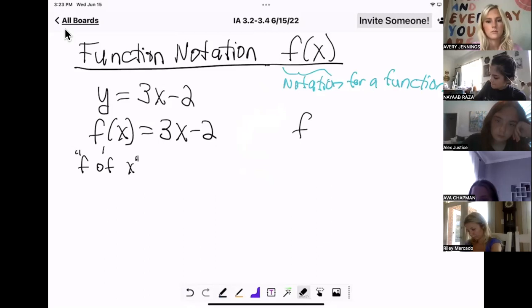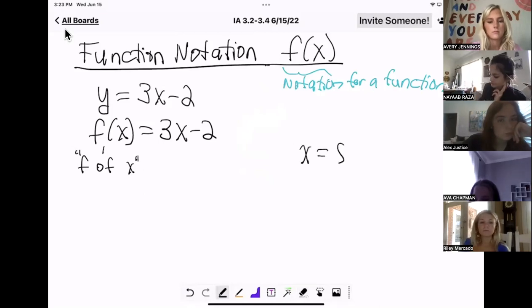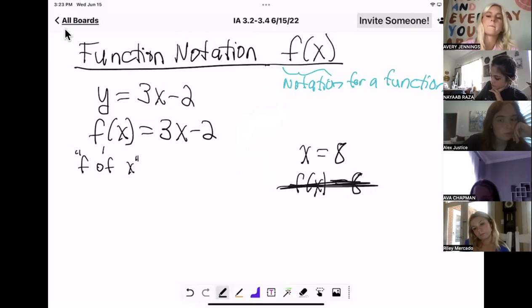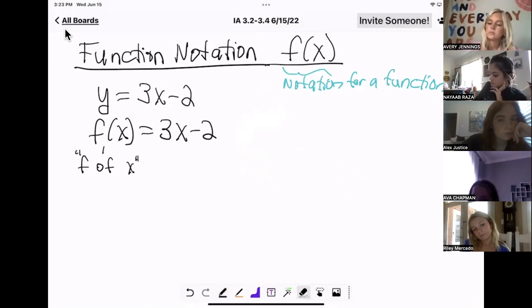Say I had x equals 8. That's not a function. I cannot go back and write it in function notation. Nope, that's not allowed. So everything that has function notation is a function.